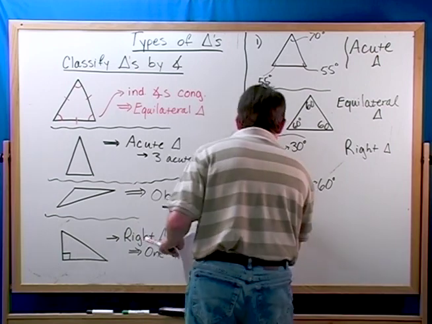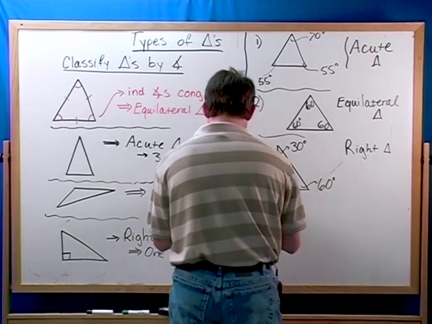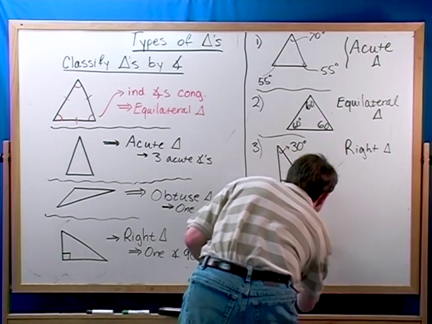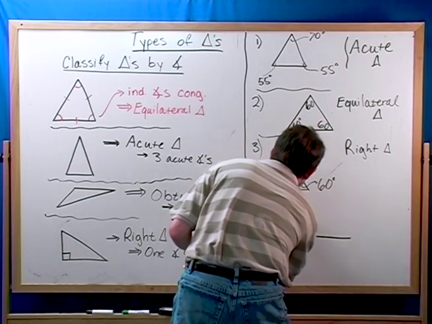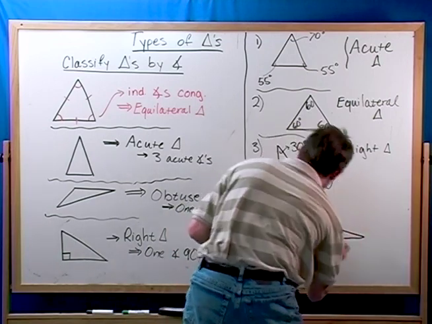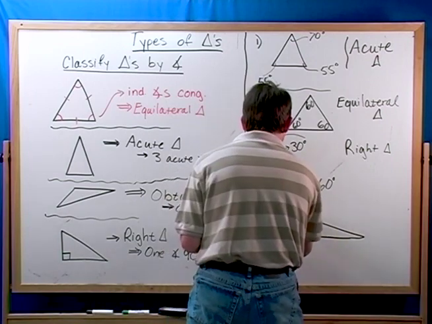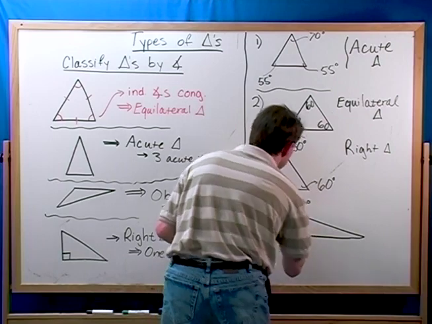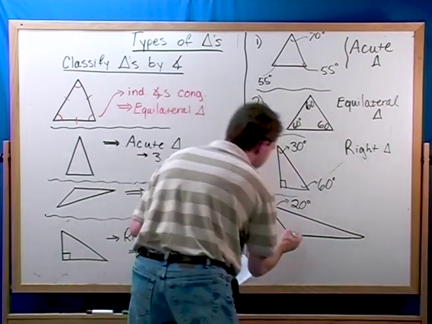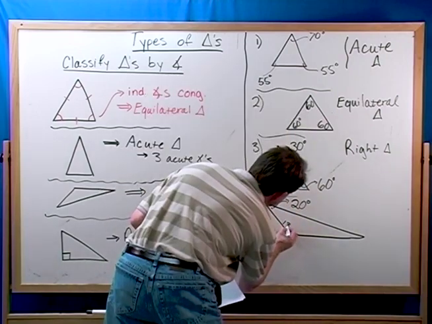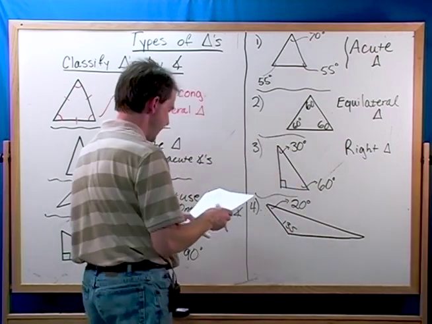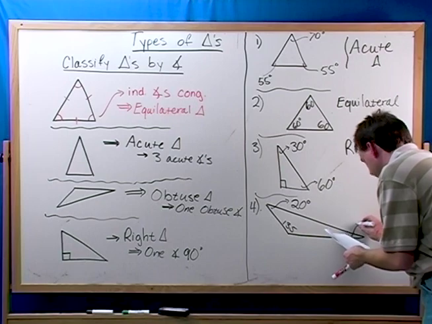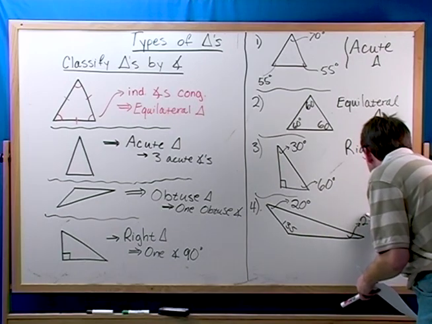And then the final one here, I'm going to have a triangle that goes way out here like this, and I'm going to draw it out because I don't really have much room. This is 20 degrees over here, okay? This one I can write here, 135 degrees, and I'm going to put right here 25 degrees.